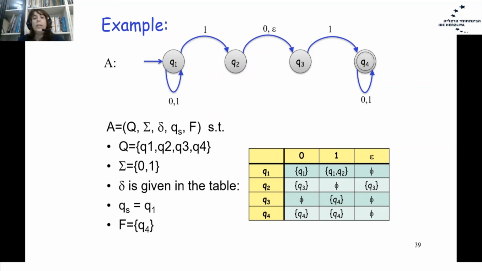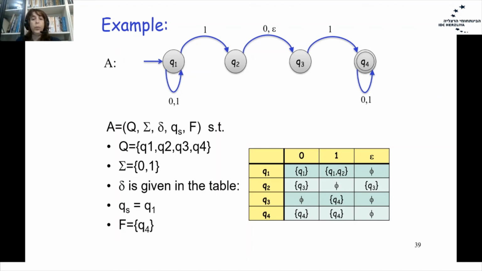For Q1 and 0 in this automaton, we have a result, a set with Q1. For Q1 and 1, we have a result, a set with Q1 and Q2. We still don't add Q3 because to move to Q3, we also have to use epsilon. For Q1 on epsilon, the transition is not defined.